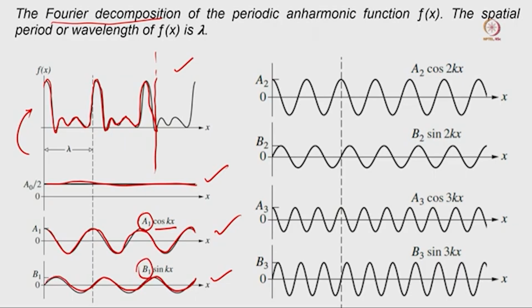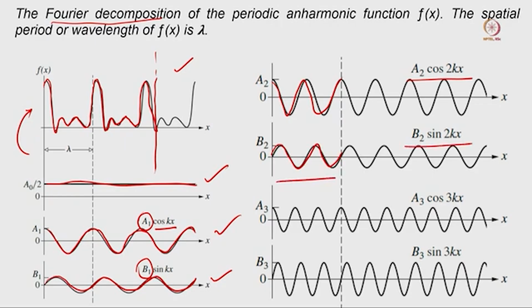Then for the next choice, you can see that the frequency is increasing. This one has only one wave, while here you can see there are 2 complete wavelengths. So the frequency is changing, and that is why we are selecting A2 cos 2kx. The same is possible for the next wave: the frequency is changing and the up and down oscillation is more.